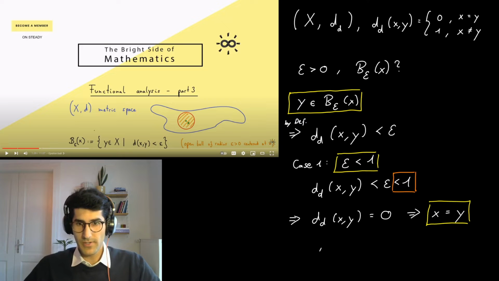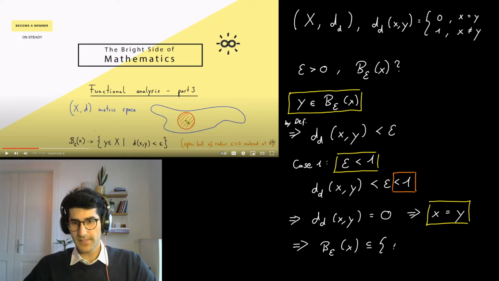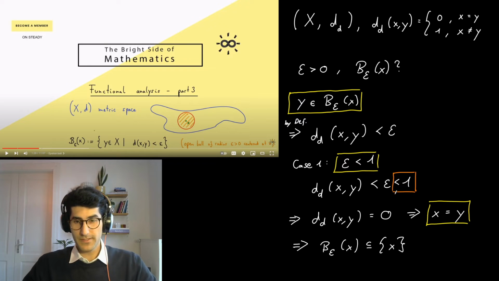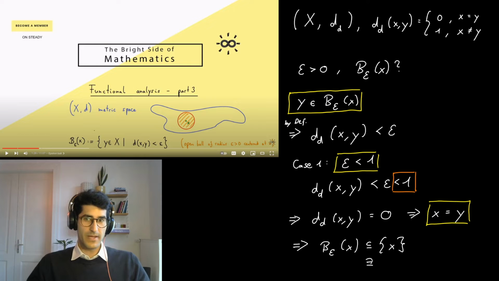So what we have shown here in the first case is that b epsilon of x is actually a subset of the singleton set. Recall from before that we also showed something that is true in every metric space, namely that the singleton set x is also contained in b epsilon of x.